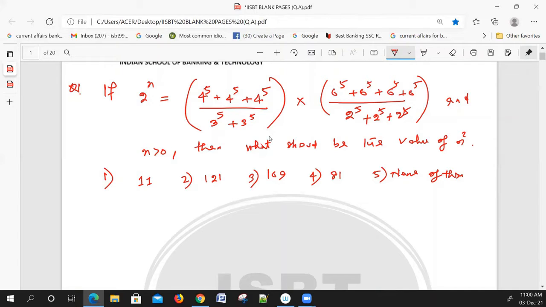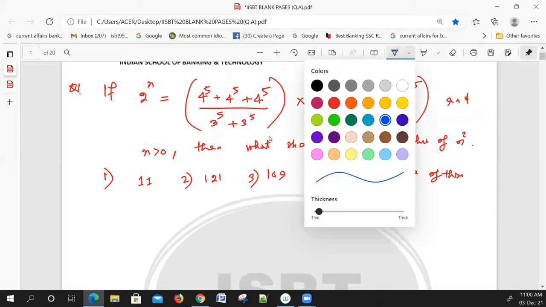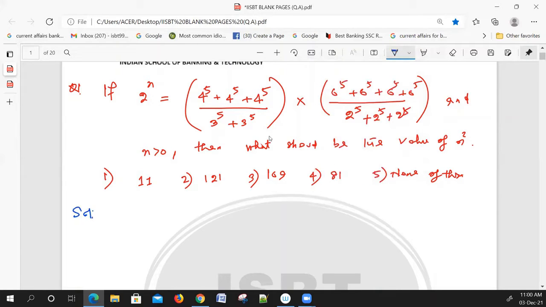Now time is over. What should be the answer? Look at the solution. Here, 2 to the power n is equal to 4 to the power 5, 4 to the power 5, 4 to the power 5.